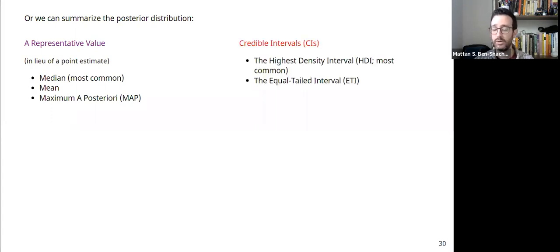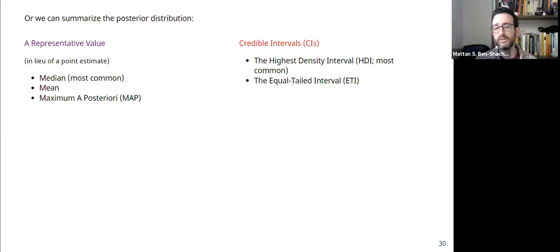And we can also show uncertainty in my posterior distribution using a credible interval, which is not a confidence interval. It's a credible interval. It's still abbreviated CI, which is just very confusing. Here, too, we have several options. The first option is the highest density interval, which is the interval that has the most probable values within it.